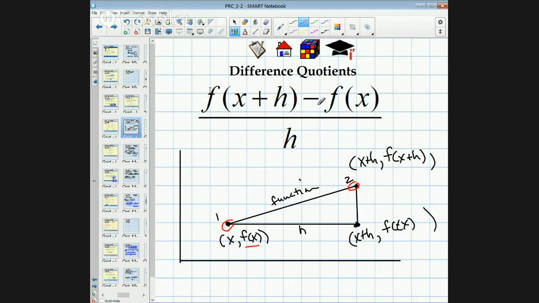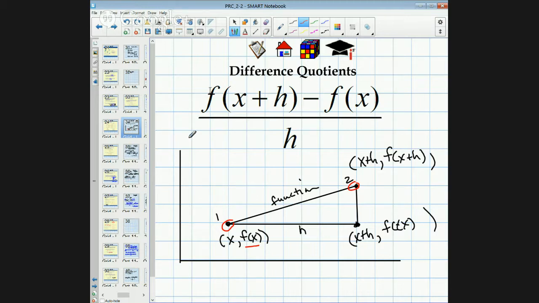So all this is a slope formula. Do you see that? All that is y2 minus y1 over x2 minus x1. Slope. Okay, now I'm spending some time on this because now what we're doing is we're starting to touch calculus.